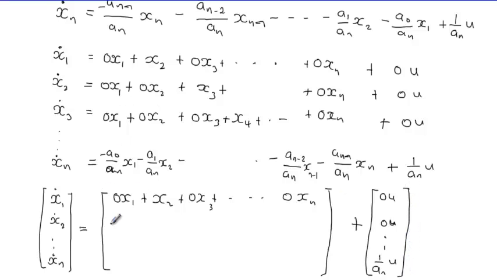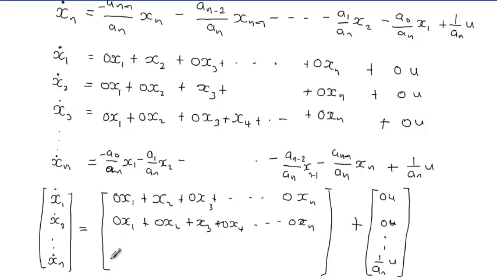Now here we can fill up. It says 0x1 plus 0x2 plus x3 plus 0x4 up to 0xn.